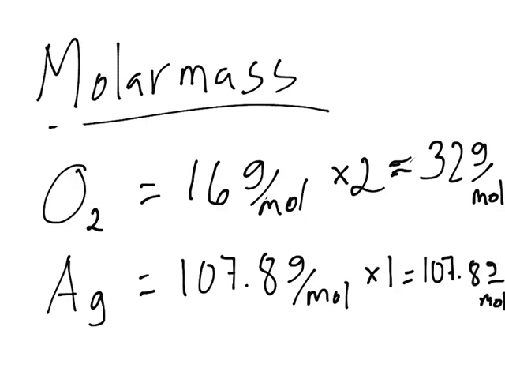So, for an element, its molar mass is simply its mass in the periodic table, except for the diatomic elements. If you don't know what a diatomic element is, I recommend you watch the previous video that I made on diatomic elements.